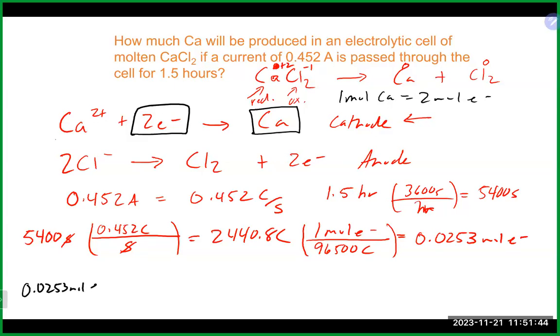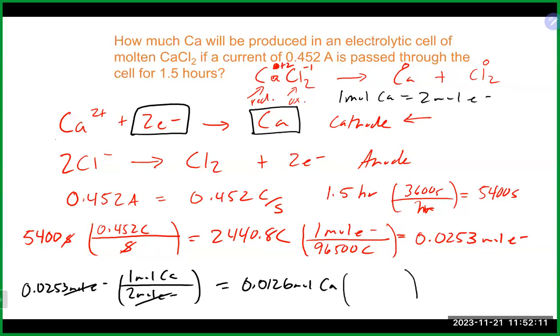0.0253 moles of electrons. There are 2 moles of electrons for every mole of calcium. Moles of electrons will cancel, and we'll divide that by 2, which gives us 0.0126 moles of calcium. In this case, we are interested in how many grams. So at this point, we would use the molar mass of calcium from the periodic table.